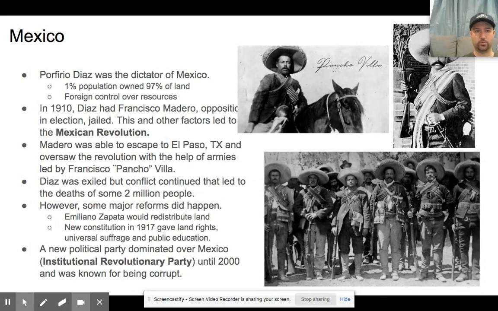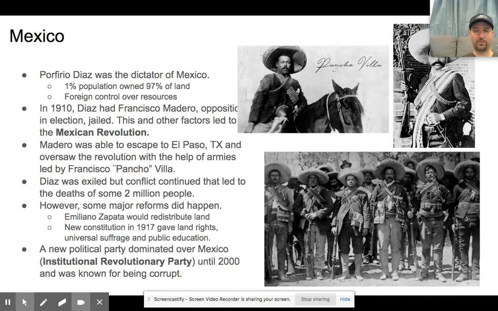Mexico was under the rule of a dictator for a very long time towards the end of the 19th century. Under the rule of Porfirio Diaz, he is going to be very favorable to foreign investors. He gives away the rights to much of Mexico's natural resources, oil in particular. The 1% of the entire population of Mexico owned 90%, 97% of the land.